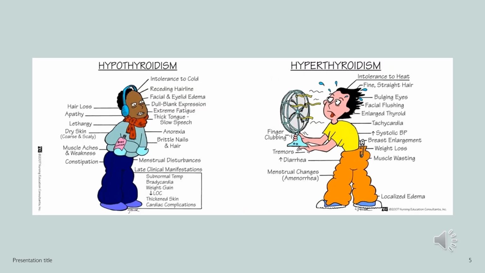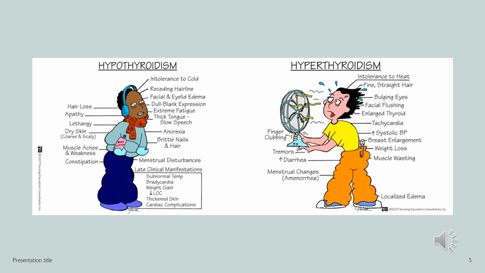I'm sure every single one of us has seen this picture, whether in NP school or nursing school. And I just wanted to also go over a little bit of hyperthyroidism and what that looks like. So we talked about the signs and symptoms of hypothyroidism in patients with Hashimoto's.